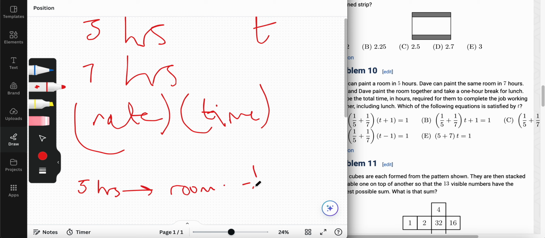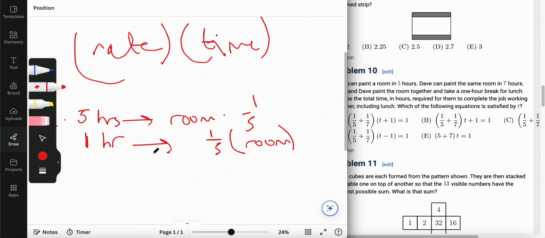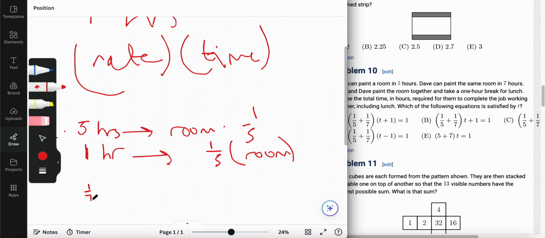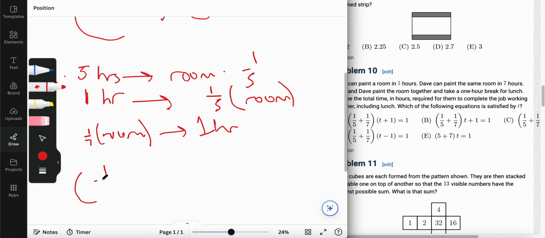That means it takes him 1 hour to paint 1/5 of a room. So the rate is just 1/5. Similarly, for Dave, it's going to be 1/7 of a room in 1 hour. So the total rate would just be 1/5 plus 1/7.